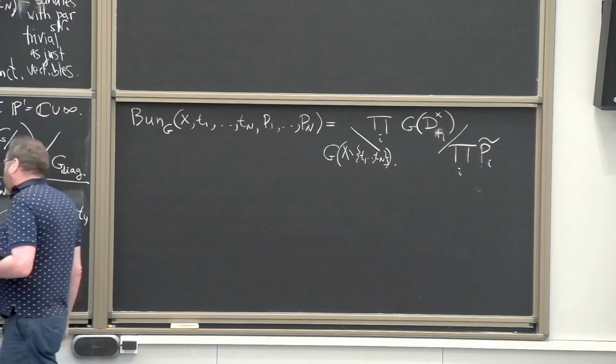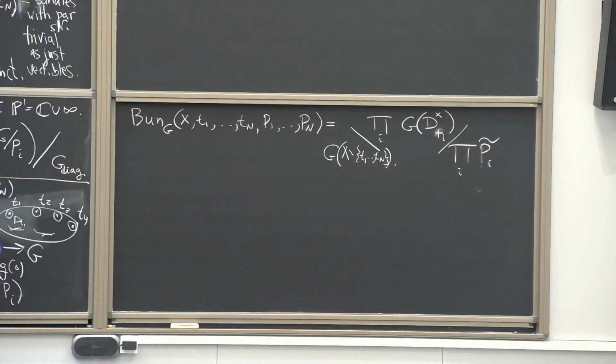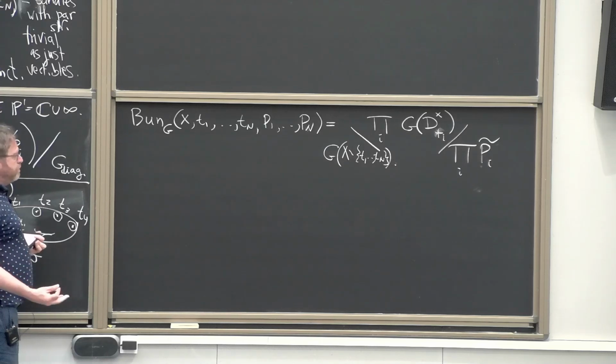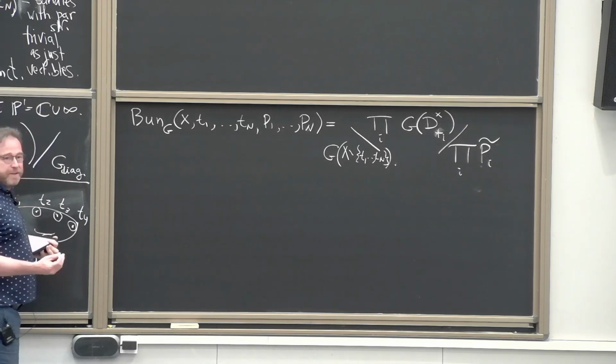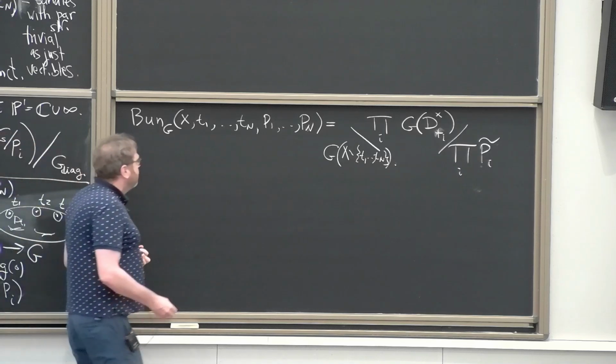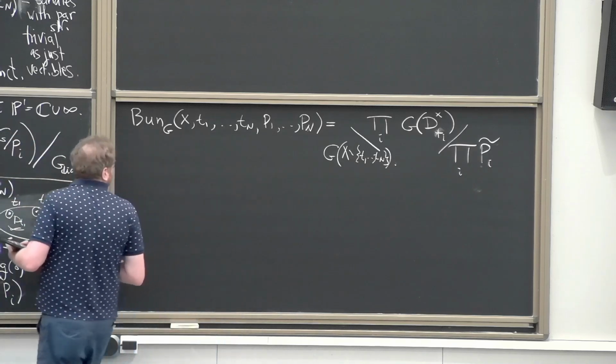So the discrepancy will be the product of quotients of these groups by those, which is the same as G mod Pi, because the only difference is in the constant term. Okay, so we've got that.